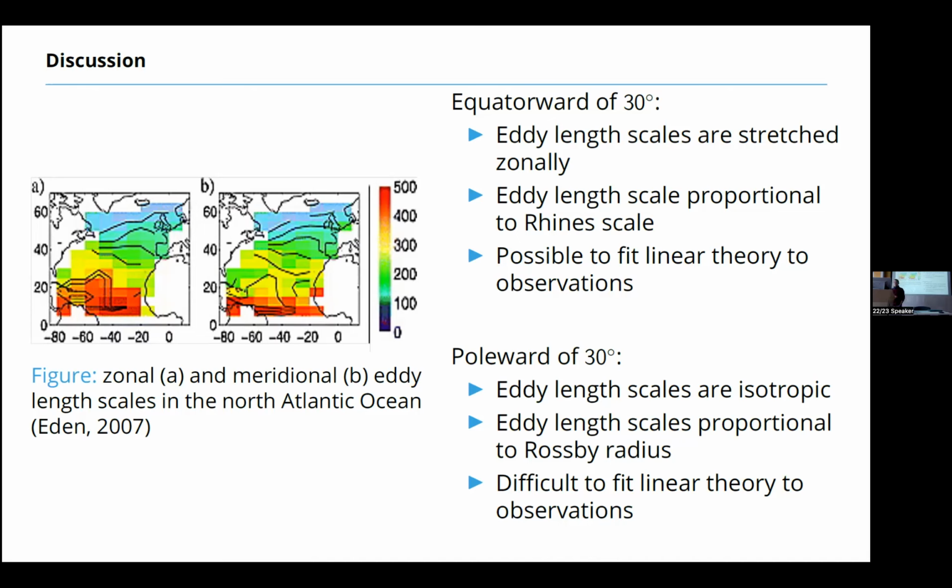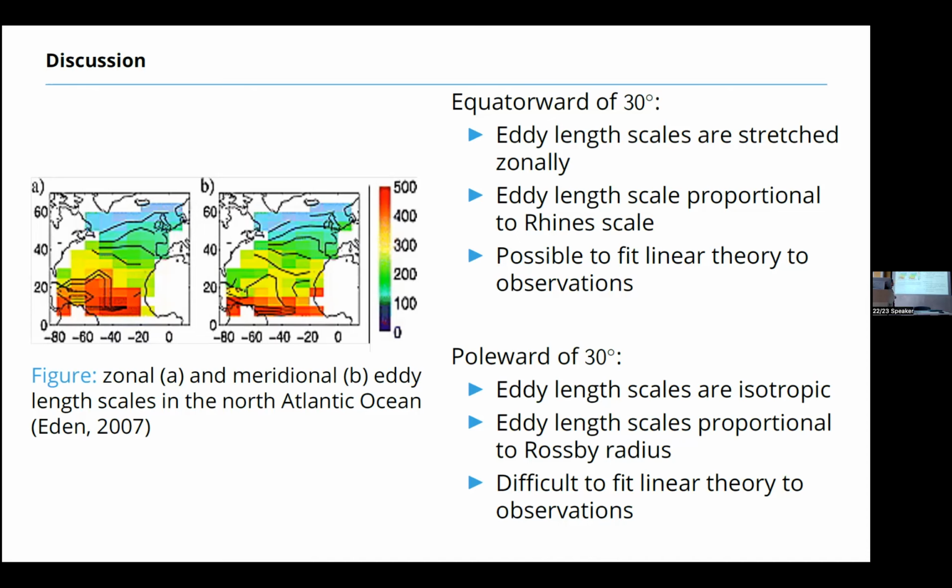This is not illustrated by this figure, but it's been shown in the paper that the eddy length scale there is proportional to the Rhines scale. And in another paper, it also has been shown that there it's possible to fit linear theory to the observations.